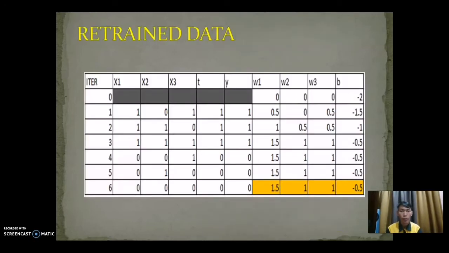So for task 2, we need to retrain the data. So this is the table.